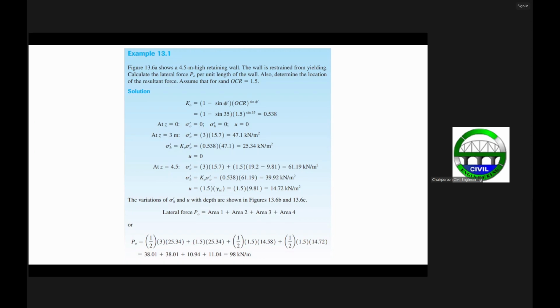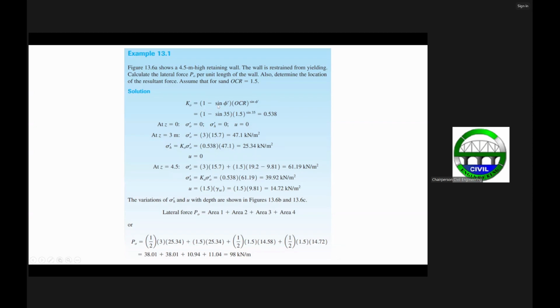We are given the OCR value for the sandy material, equal to 1.5.